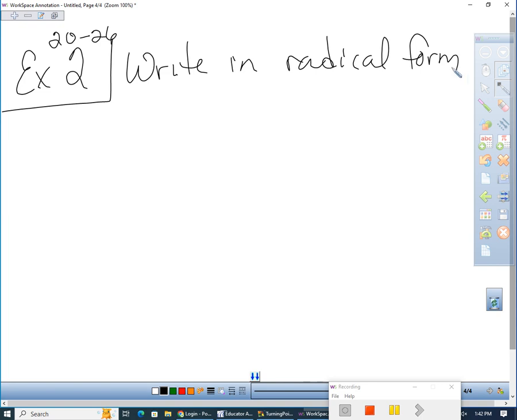So maybe they're going to give you something as wonderful and awesome as x to the 2/3. And I want you to write that in radical form. So I have x to the power of 2 inside a cube root. Exactly.